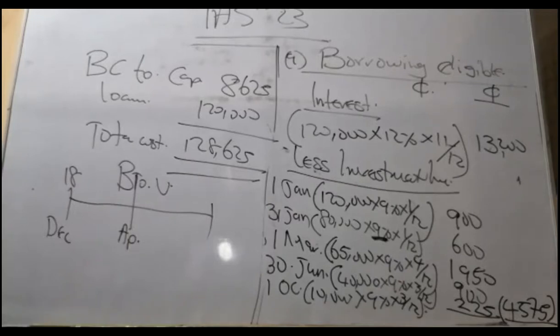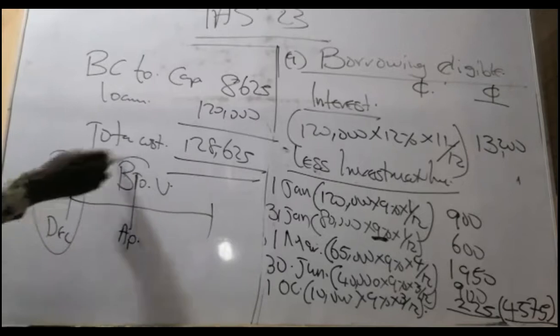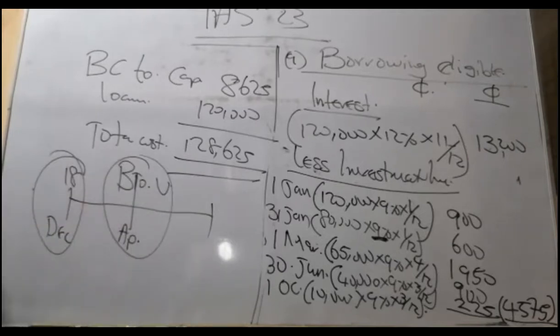When do you have to start depreciating the asset? Is it when the asset is completed or when the asset is brought into use? No, it is when the asset is available, when the asset is completed. As soon as the asset is completed, you have to start depreciating it, not when you start using it.